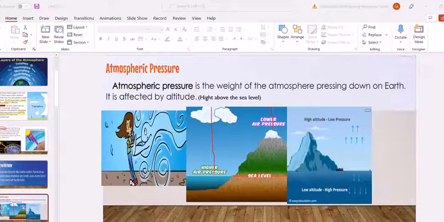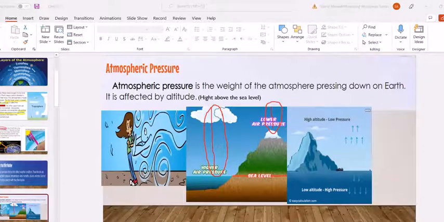If you are in a low place, we have a great amount of air above you. And if you are at the top of the mountain, you have a small amount of air above you. So this one has greater weight than this one, because this one is smaller and has less weight.